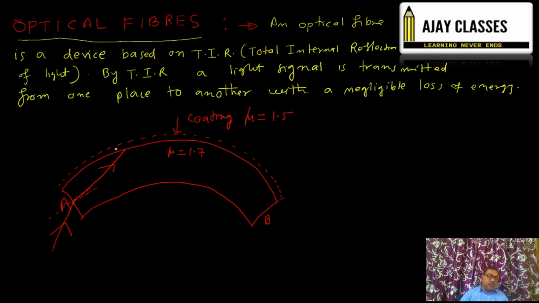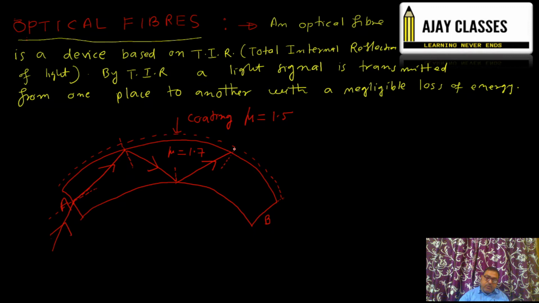At each point where the ray comes inside, once again the signal gets reflected back, and due to the high refractive index inside it once again bounces back internally and goes to the other end. The direction of the propagation of the signal is shown here with the arrow sign.